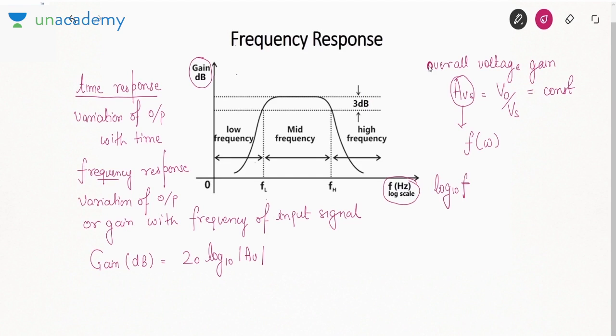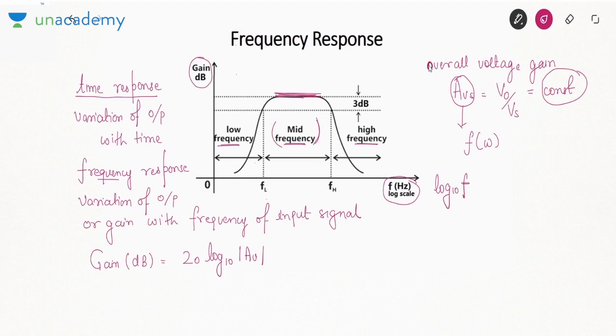Now you can see that there are three frequency ranges that we have specified: low frequency, mid frequency, and high frequency. Whatever we have studied so far, we had seen that the gain was constant. That means we were always talking about the mid frequency range, because in the mid frequency range the gain is constant.